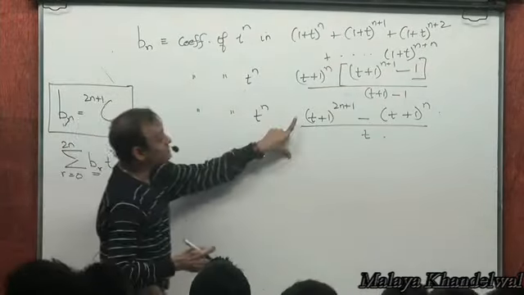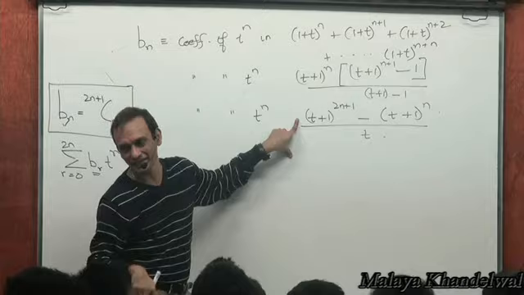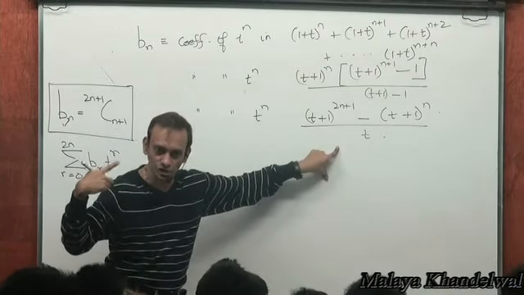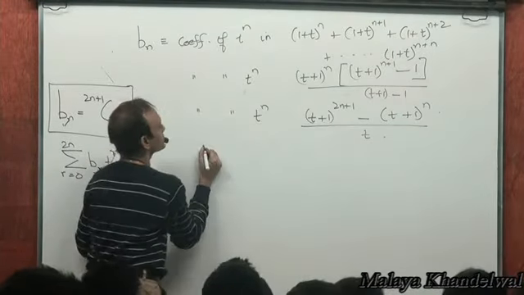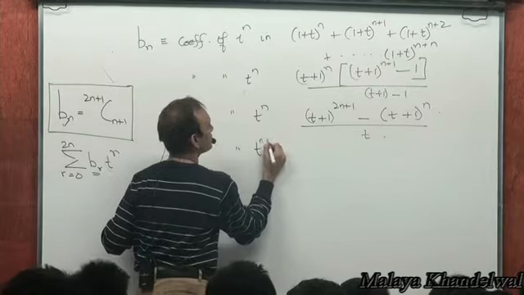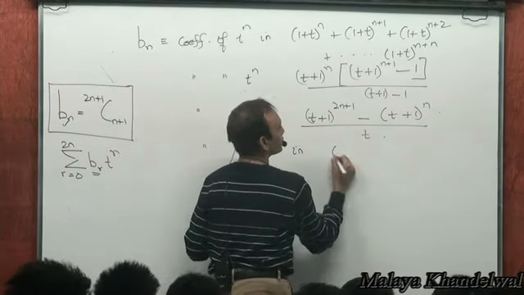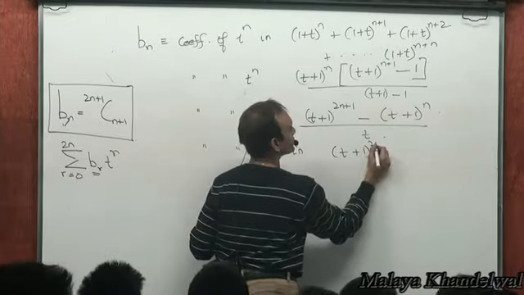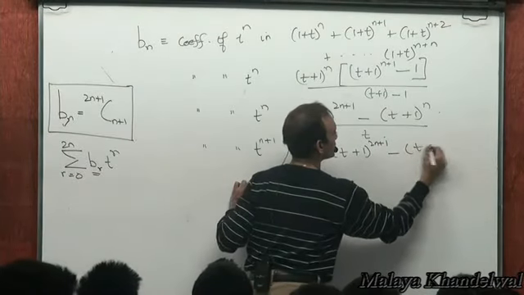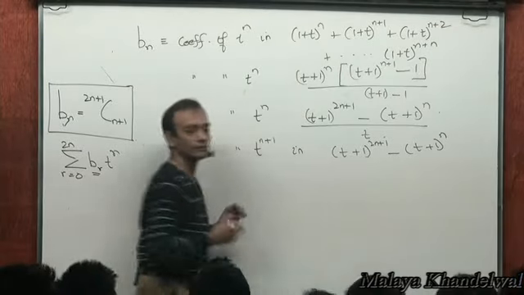Which means I'm seeking t to the power n plus 1 of the numerator, that will give me t to the power n in the ratio. So essentially I'm seeking the coefficient of t to the power n plus 1 in (t plus 1) to the power 2n plus 1 minus (t plus 1) to the power n.